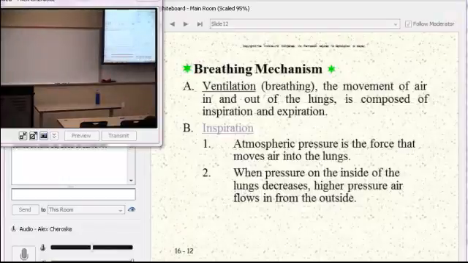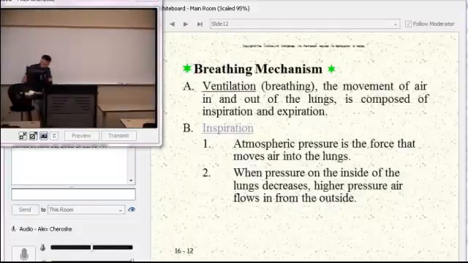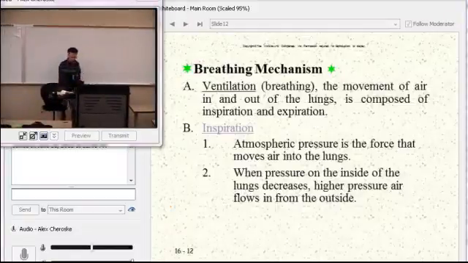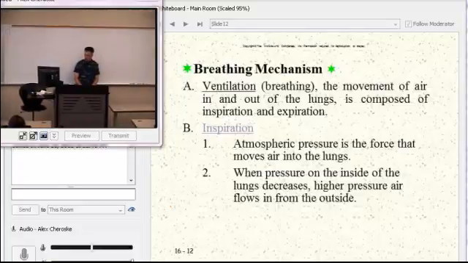to inside of the lungs. And we often call it the intra, which means within, alveolar space.